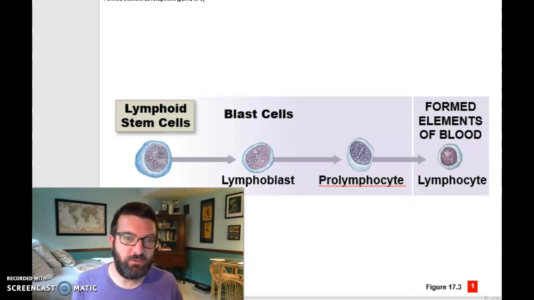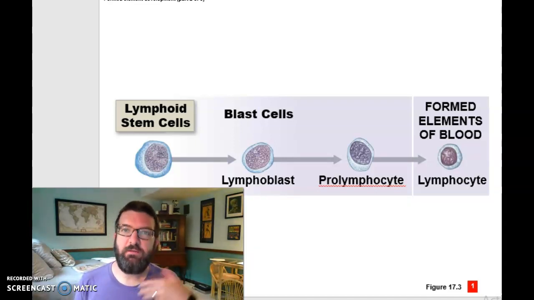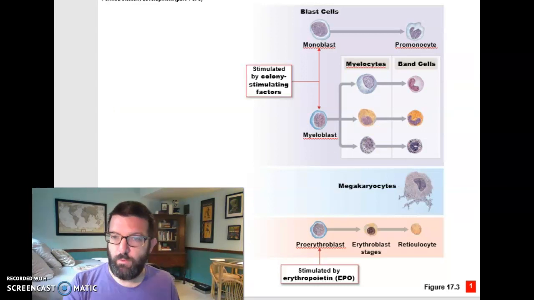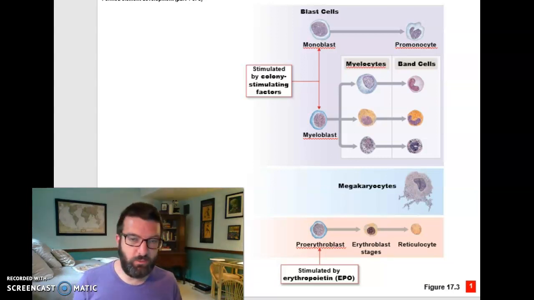And we'll discuss the difference between those types of lymphocytes later. But for now, just know that lymphoid stem cells go through this process and become lymphocytes. So while lymphoid stem cells will go through a process and become some type of lymphocyte, myeloid stem cells will go through any one of a few processes and will become any number of several different types of cells.